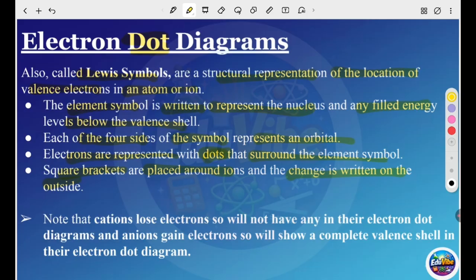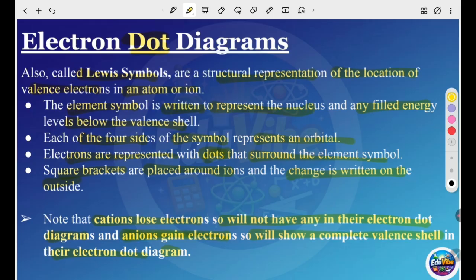One thing to note is that cations lose electrons, so they will not show any electrons in the electron dot diagram, and anions gain electrons, so they will show the complete valence shell in the electron dot diagram. So if the cation loses electrons, we show nothing in the electron dot diagram.